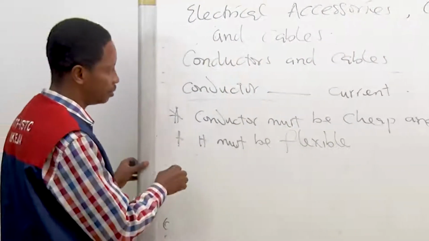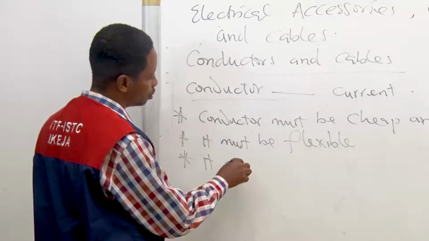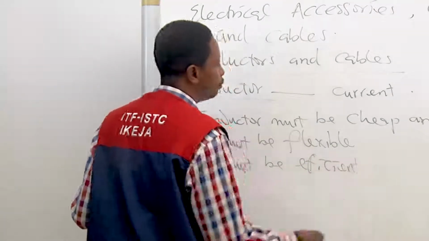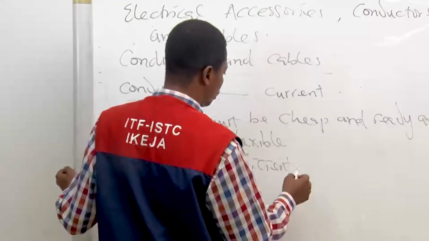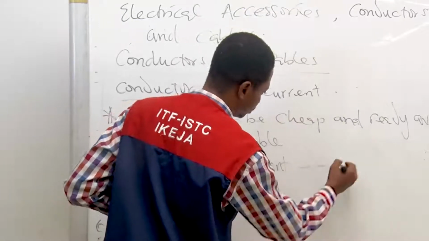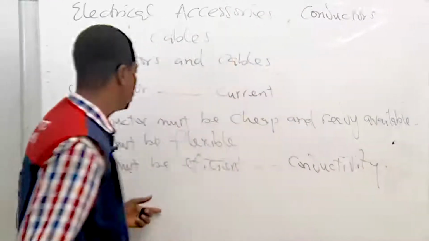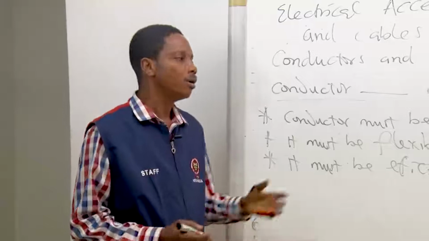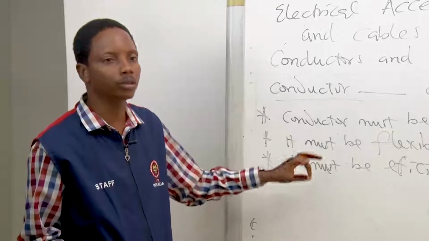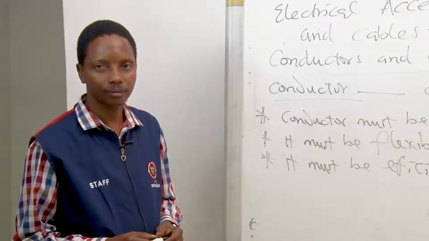And three, it must be efficient in terms of what? Conducting flow of currents. Conductivity. These three things. So, copper and aluminum are the two major conductors used in electrical installation.